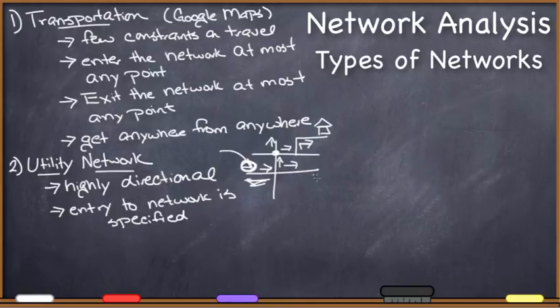But importantly, unlike the road system, where if you live over here you can just enter the road system here, you can't do that with a utility network. There are defined entry points for, in this case, the water or the power or the oil into the utility network. Likewise, exit points are established.